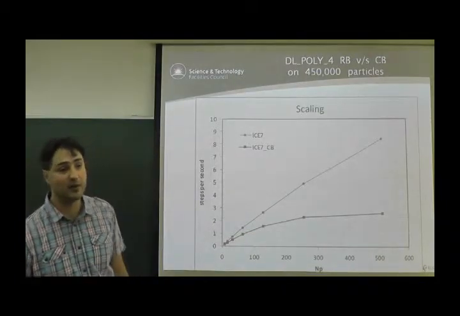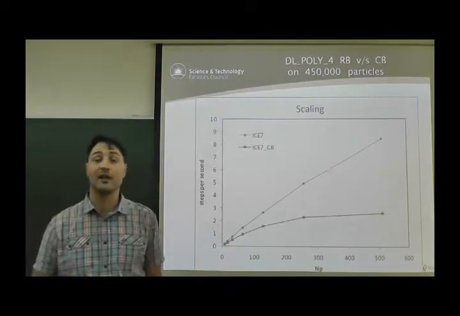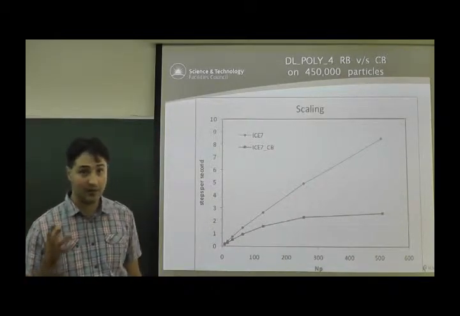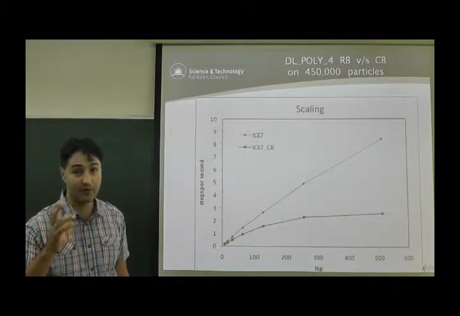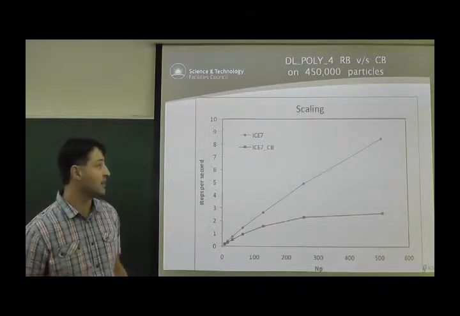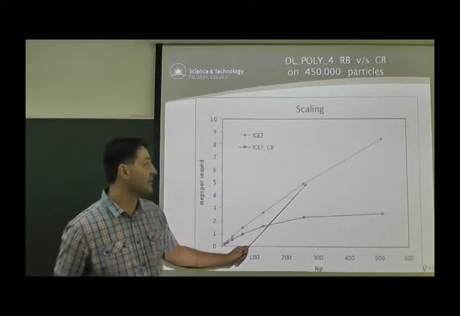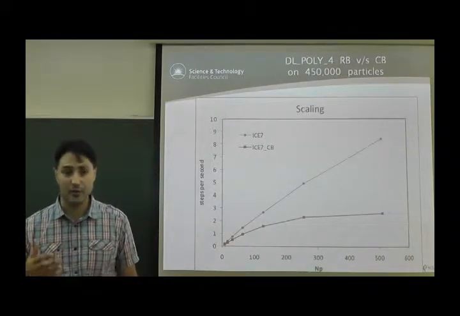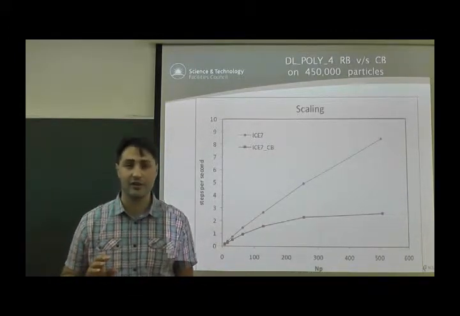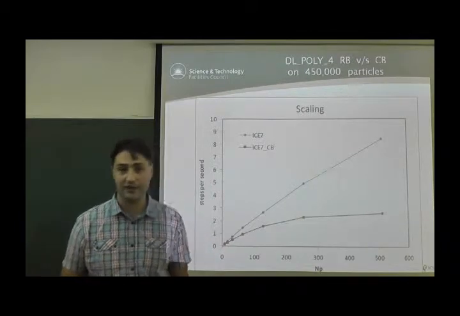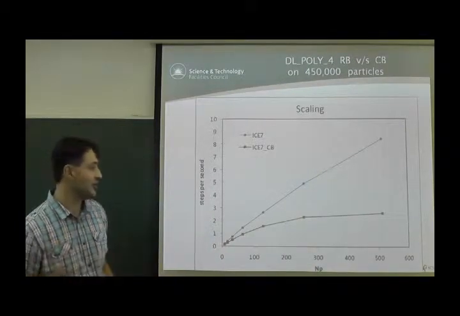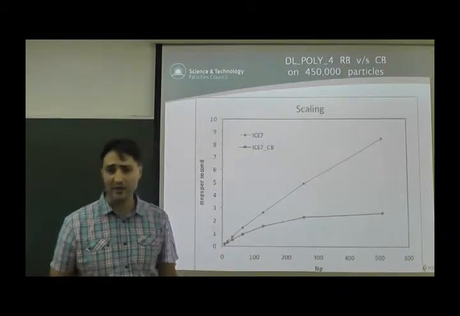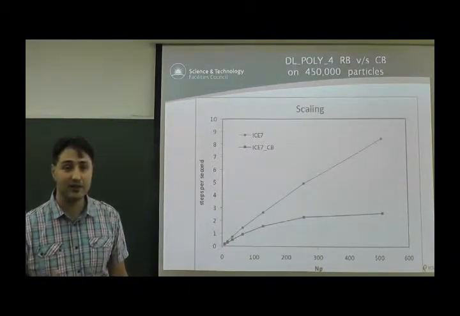This is because now we don't need to have all these local updates between processors that share constraints, because rigid bodies move as a whole, and there is little expense on the rigid bodies that we have to solve on top of the Newtonian equations of motion, the Eulerian equations of rotation, but this is extremely cheap in comparison to doing iterations. So we do a little bit more computation, but we minimize on communication.